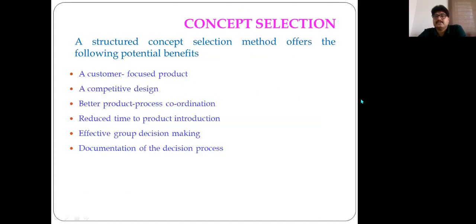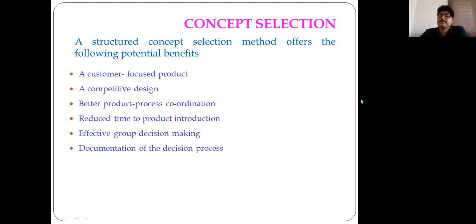Then coming to the concept selection process, it is a structured concept selection method that offers most of the potential benefits. Once we are doing this concept selection in a very systematic approach, definitely the product that comes out becomes a customer focused product, and it could also be a competitive design.